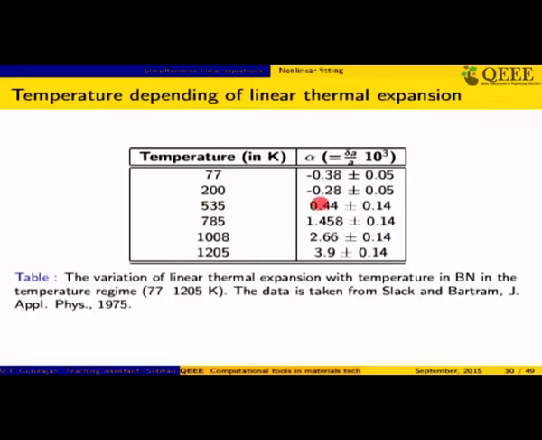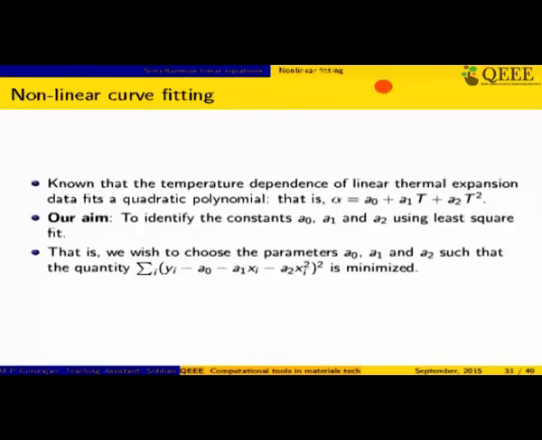It is known that this temperature dependence is quadratic in temperature. That is, alpha is some a0 plus a1 T plus a2 T squared, where temperature is on the absolute scale, in Kelvin. So the problem is to identify the constants a0, a1, a2 using the least square fit.